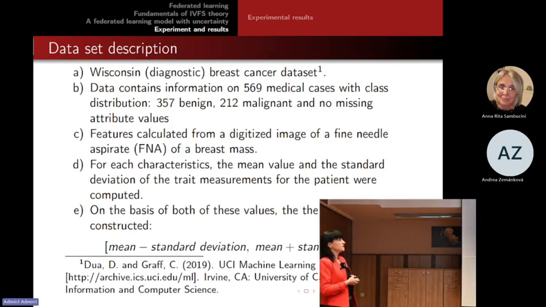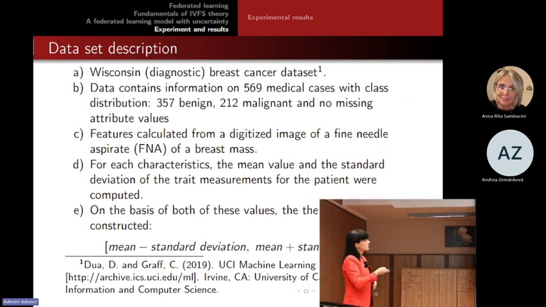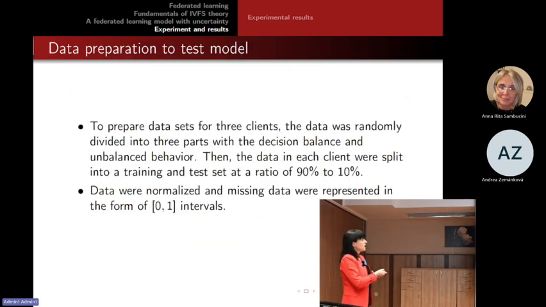Our data are connected with breast cancer from the UCI repository. Here is the source, and for each attribute we build intervals in the following way: because we have for each value the mean and standard deviation, and by this we normalize earlier, and in this method we build the interval representation.